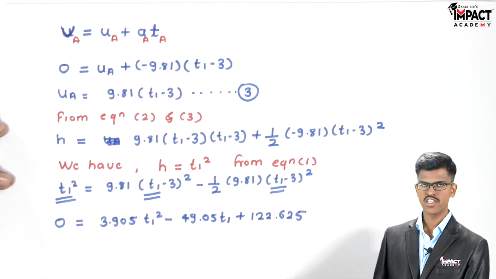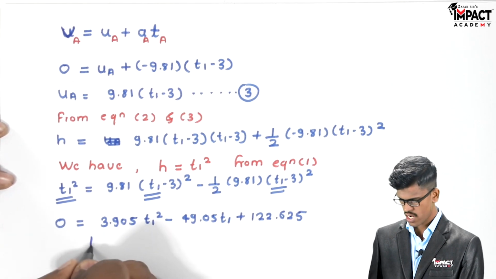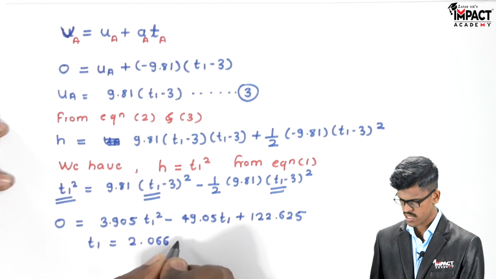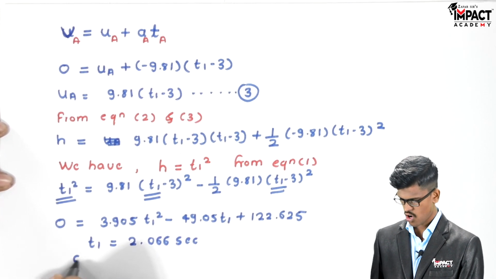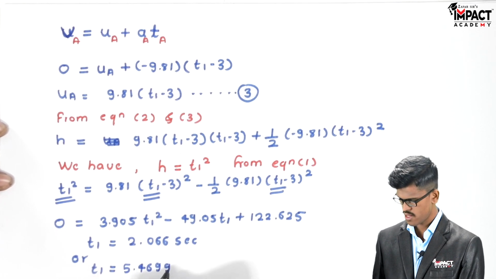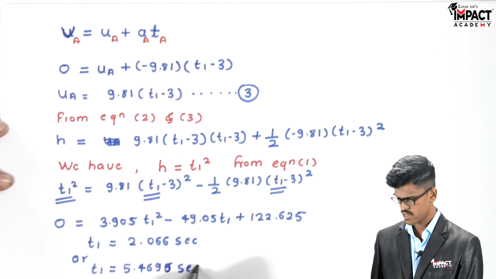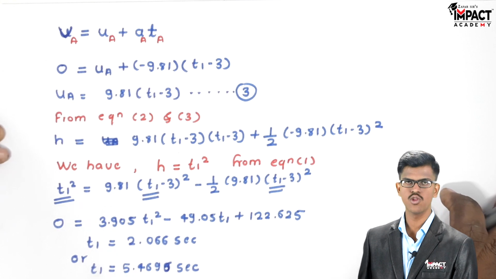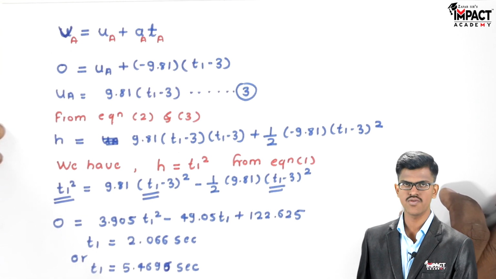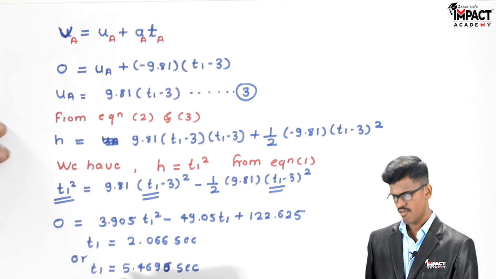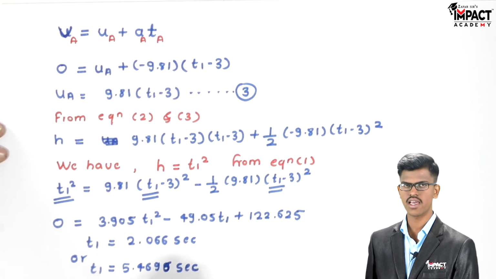It is a quadratic equation, so we get two values: t1 is equal to 2.066 seconds or t1 is equal to 5.4696 seconds. t1 is the time required for the balloon B to reach position 1, which is 2.066 seconds or 5.4696 seconds.